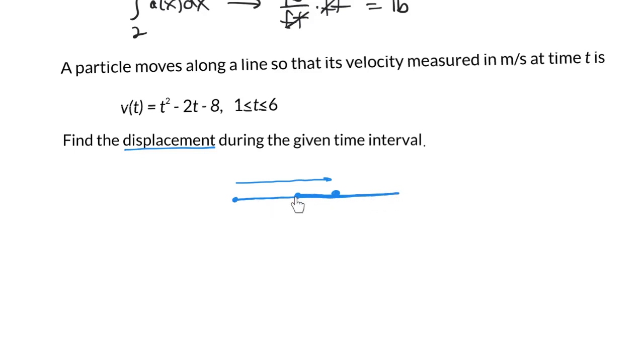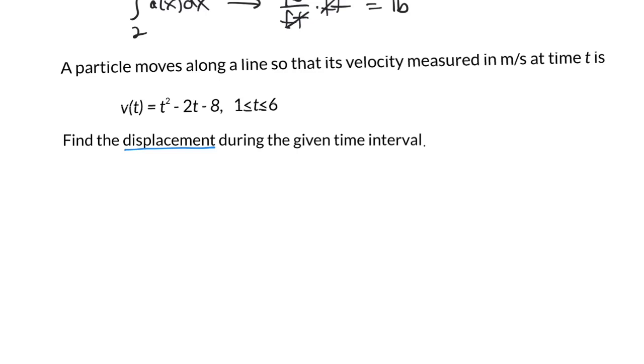Then they went here, what distance was that? Then they went back here, and we have to add all those distances in. But displacement is easy, it's just the net change in position. So let's find this displacement first, then we'll talk about the distance.